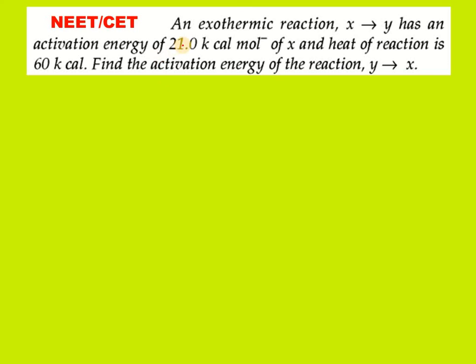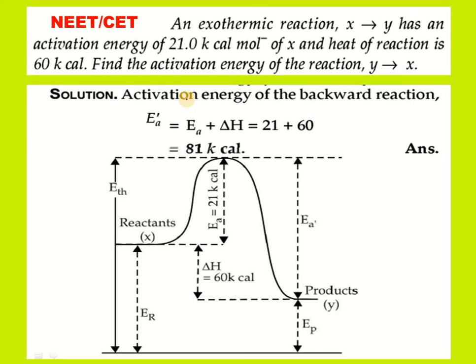See the next question. An exothermic reaction X gives rise to Y has an activation energy of 21 kilocalories per mole of X and heat of reaction is 60 kilocalories. Find the activation energy of the reaction Y gives rise to X. It is also a reversible reaction, reverse reaction.